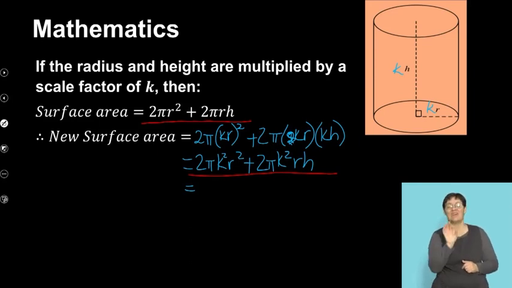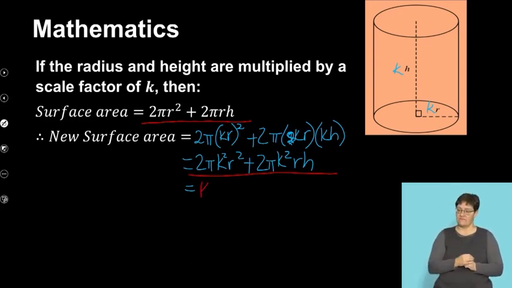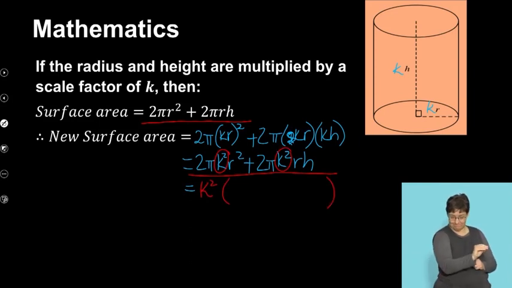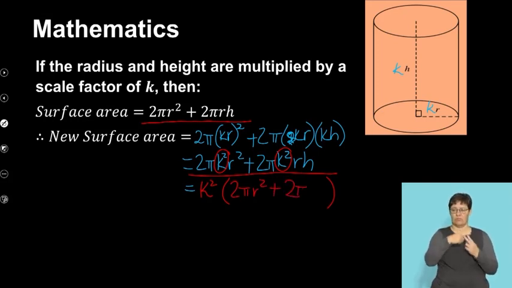Hopefully, everyone can see that I can take out a highest common factor of k squared because I have a k squared present in both cases. So it's going to be k squared times 2 pi r squared plus 2 pi r h.